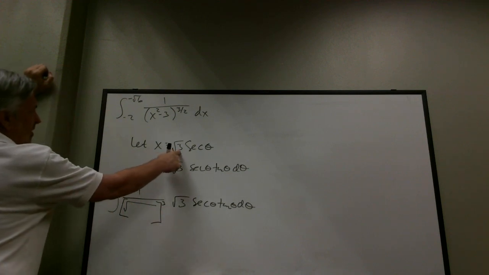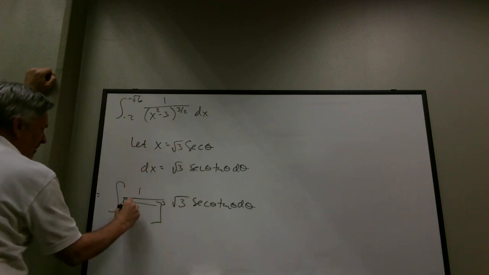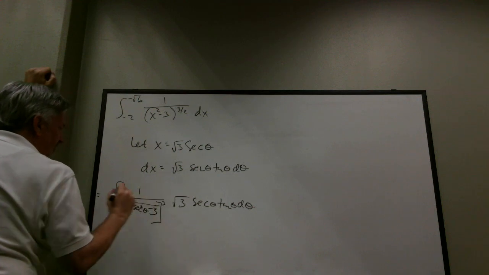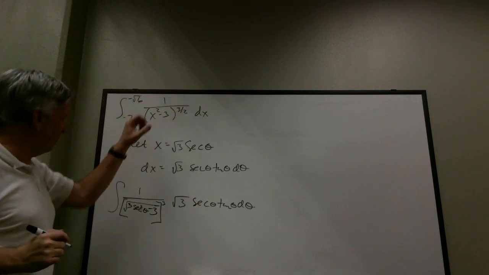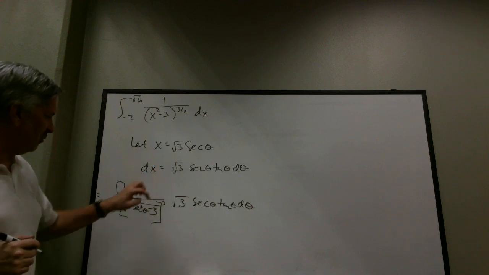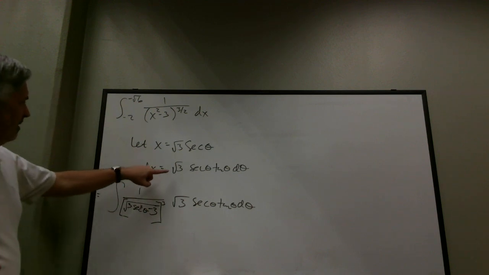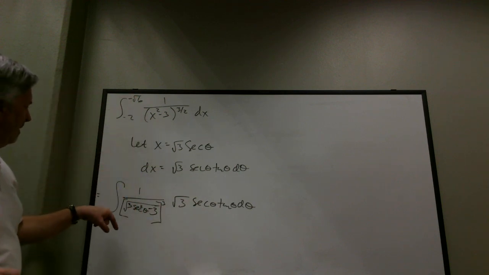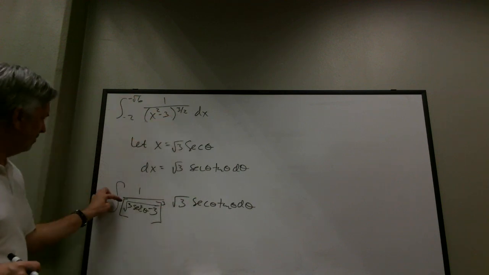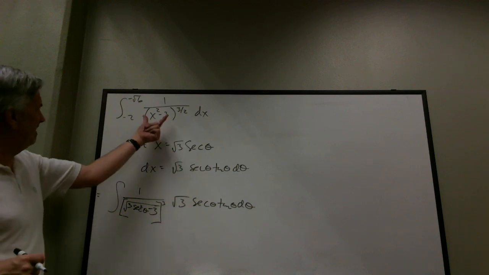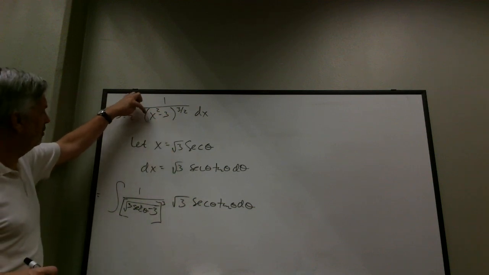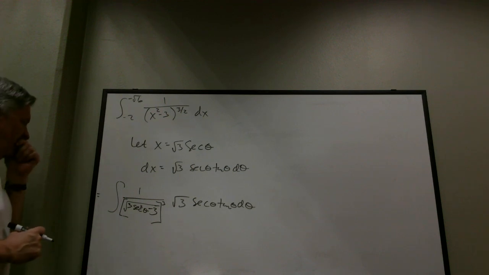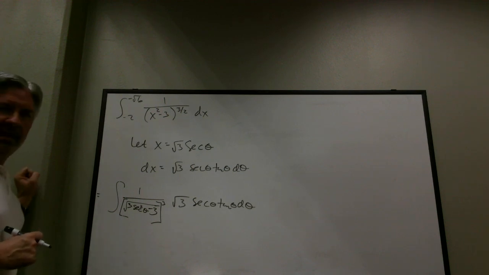Then x squared is 3 secant squared, so 3 secant squared minus 3. I'm rewriting this 3/2 power as the square root of something cubed. All right, let me check my work here. There's dx, right? 1 over, the cube is here, the square root is here, and when I replace x with root 3 secant theta and square, you get 3 secant squared theta minus 3.